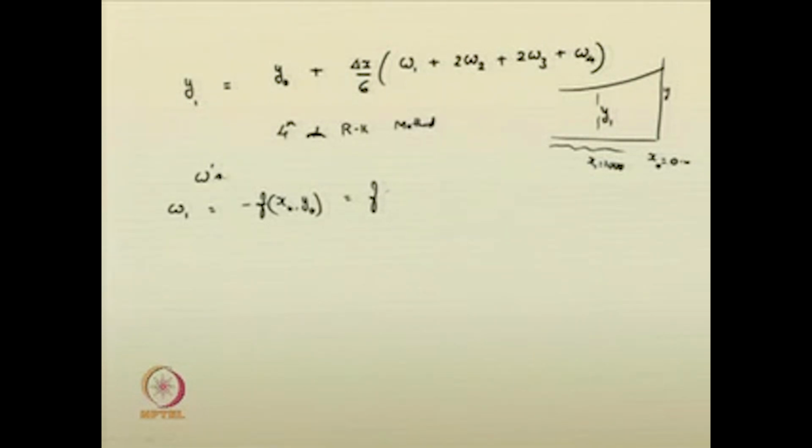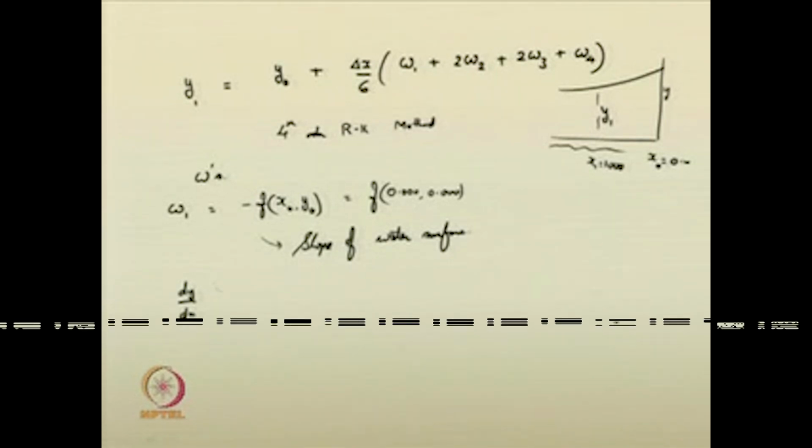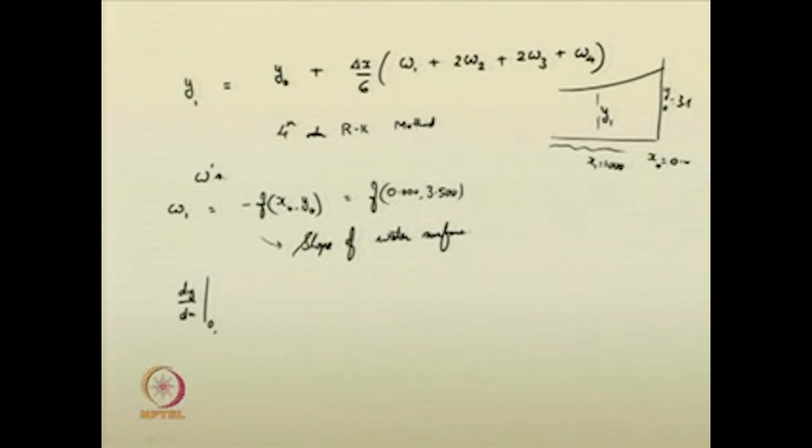So, f of 0, 3.5, you have to compute. This is the slope of the water surface, that is, dy by dx. Sorry, y 0 is equal to 3.5 meters.